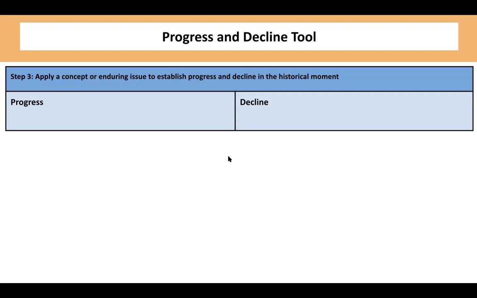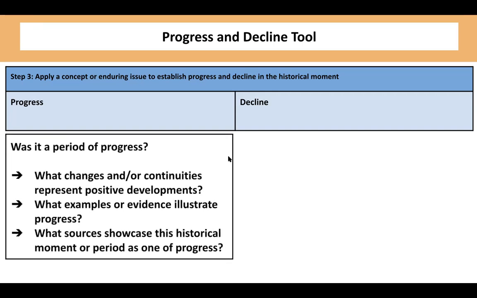You may also wish to give them some questions to help guide them. So, was it a period of progress? What changes and or continuities from step two did they notice represent positive developments? What examples or evidence do they have that could illustrate progress? So you may wish to give them a document or document sets that could help them identify positive progress.